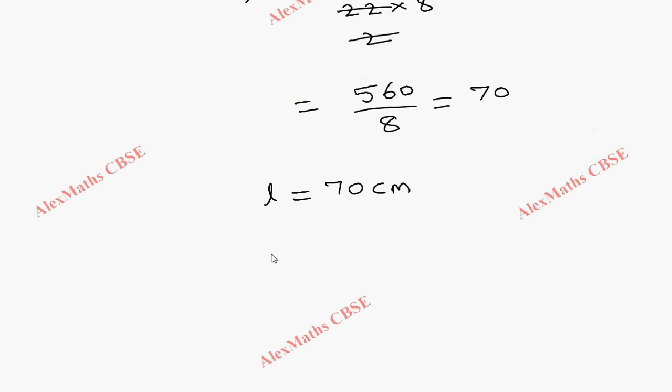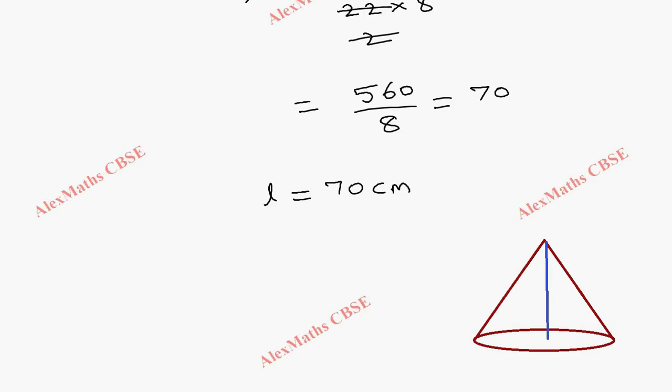They are asking for the height. So in a cone like this, there is a formula connecting the radius, height and the slant height. So in this cone, this is our height h, this is our slant height L, and this is our radius r.